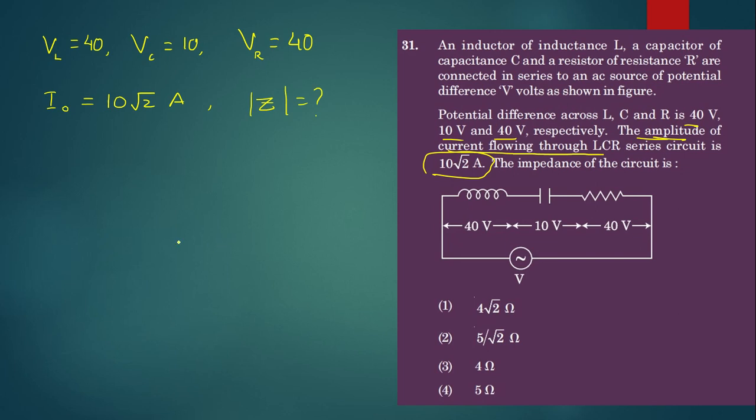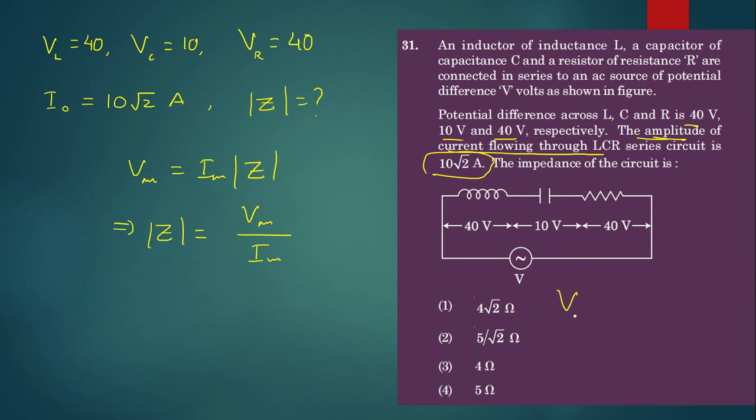Well, what strikes our mind is that VRMS equal to IRMS multiplied by impedance, or V naught equal to I naught multiplied by impedance. So in this case, impedance will be equal to VRMS by IRMS. Let's calculate the VRMS first.